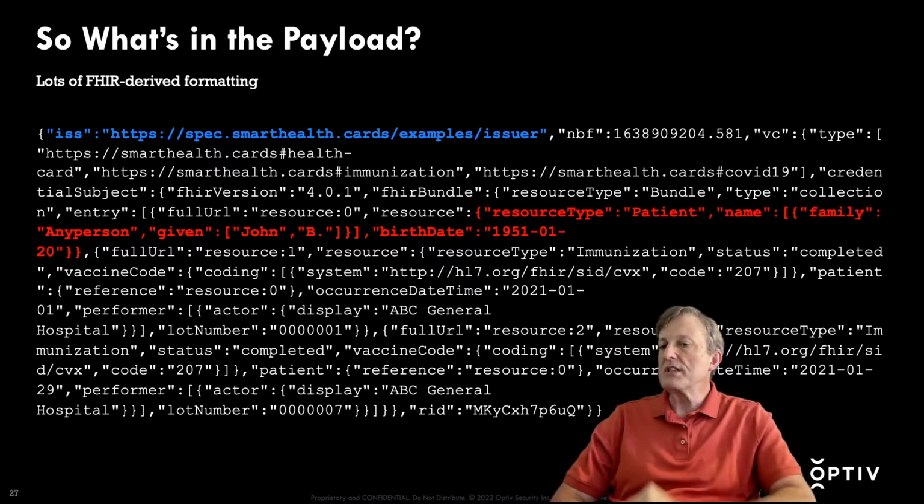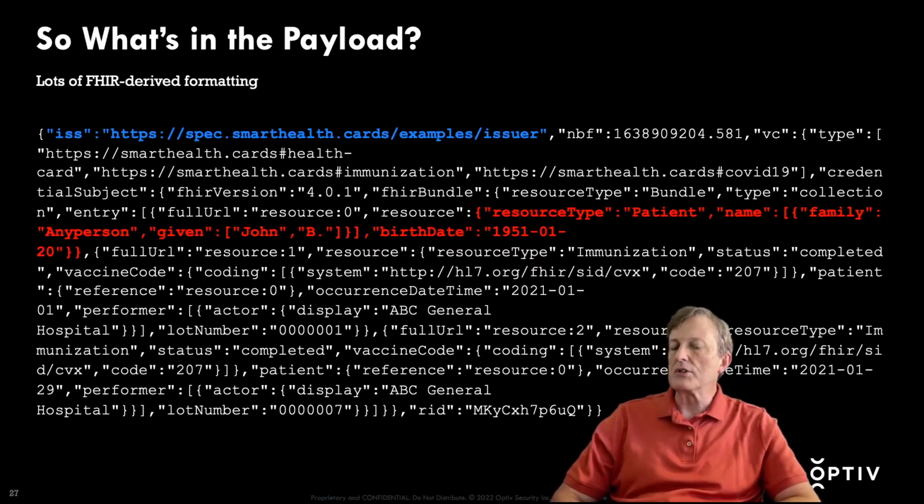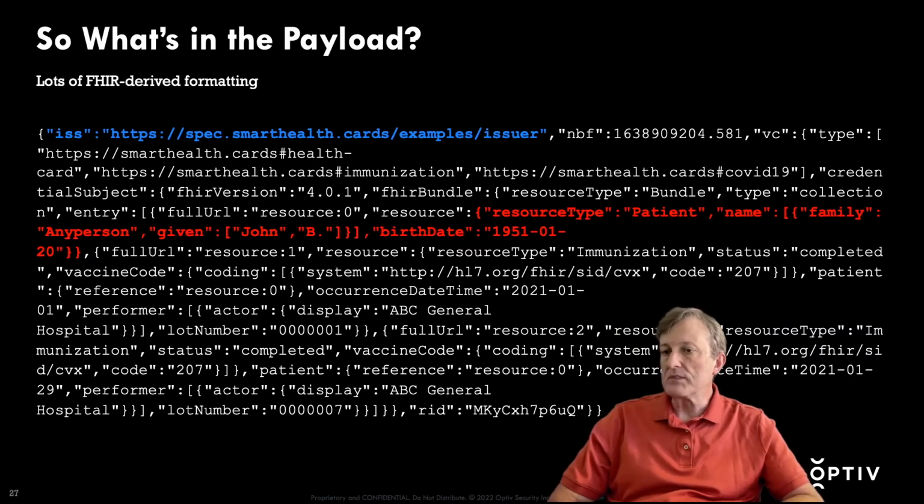But as you can see in red, the amount of personal data that's actually encoded in a COVID smart health card is very small. It just has the patient's given name, legal name, and their birth date. That's it.